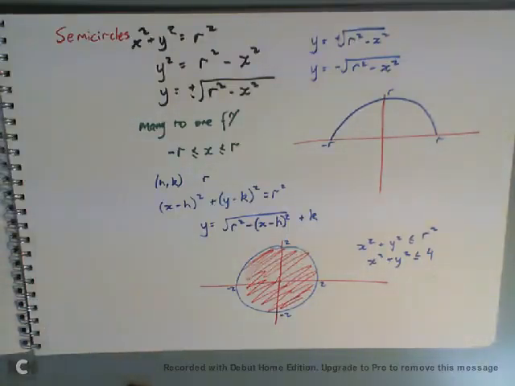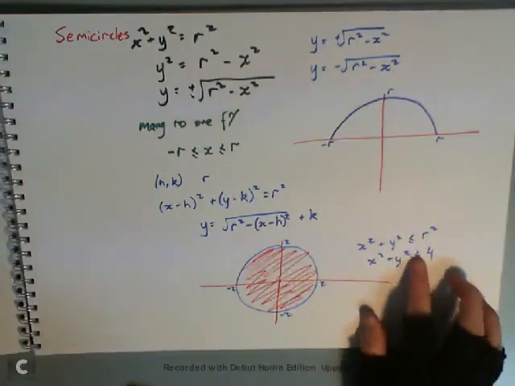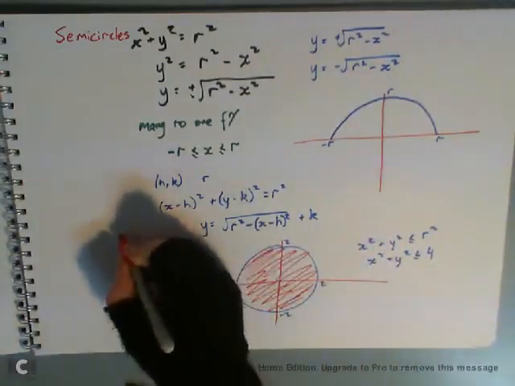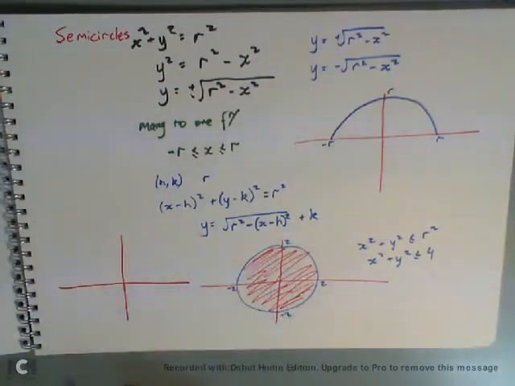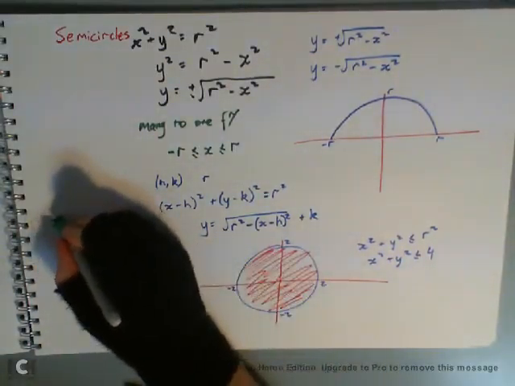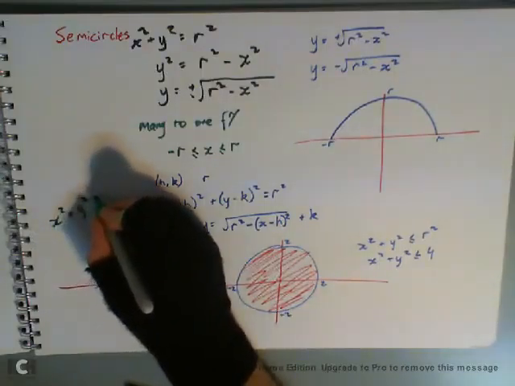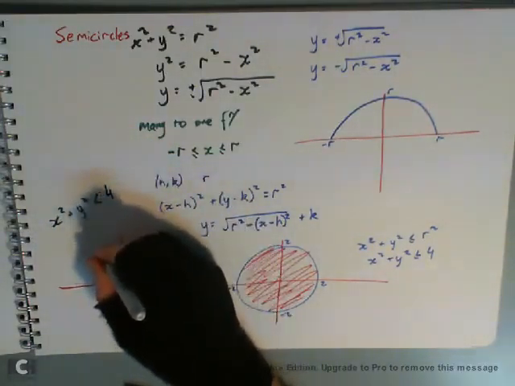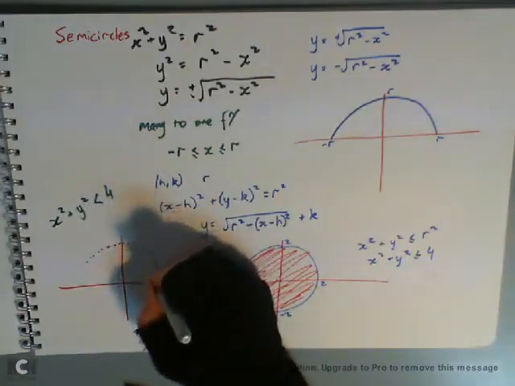So the region is therefore a closed interior of the circle and includes its circumference. If it was just less than 4, we would use a dotted line. So just as a side example, x squared plus y squared is less than 4. We still have a circle, but we don't want to include the circumference.